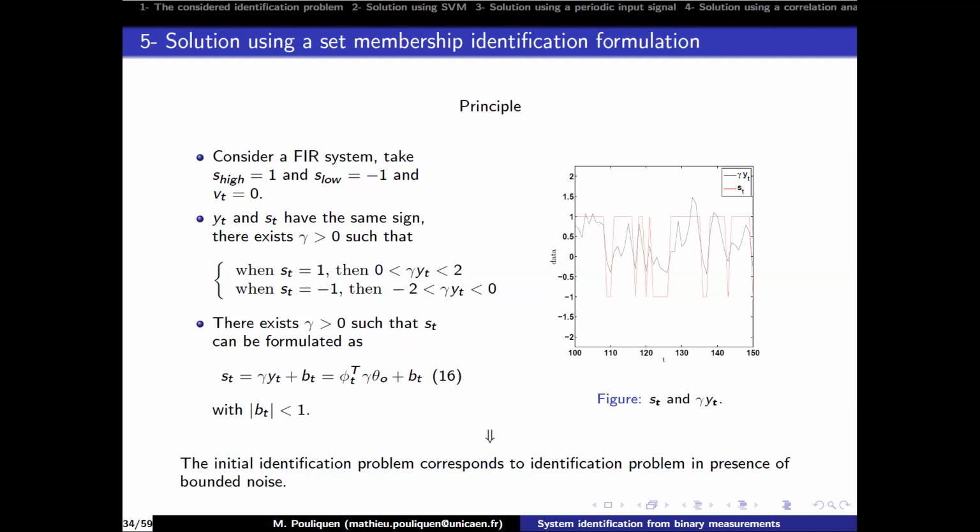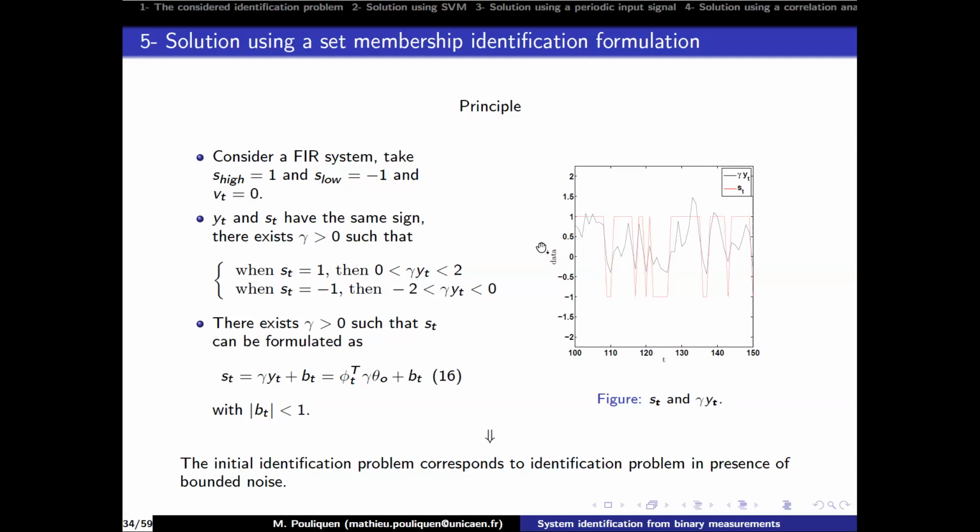So finally, from this formulation, you just have to estimate a parameter vector, assuming that the noise is bounded by 1, and then you have to normalize your solution.